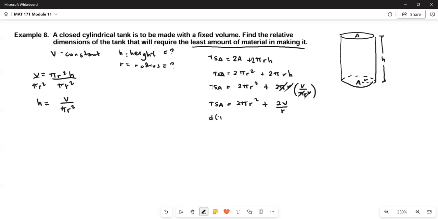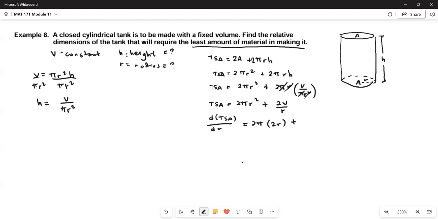The derivative of TSA in terms of R is equal to 2 pi times derivative ng R squared, which is 2R, plus derivative natin yung 2V over R. Pero yung V kasi is constant na yan. So yung 2V over R, differentiate natin yan.